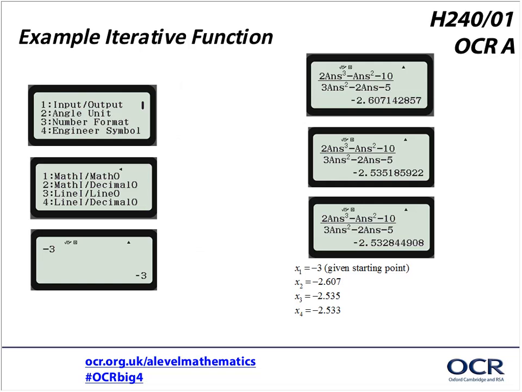So going into the setup, selecting input output, and then selecting having the maths input, so that's in the natural showing the fraction line, but having a decimal output, so option 2, which means you'll go straight to a decimal answer in the format that you're going to want for the answers for the question.